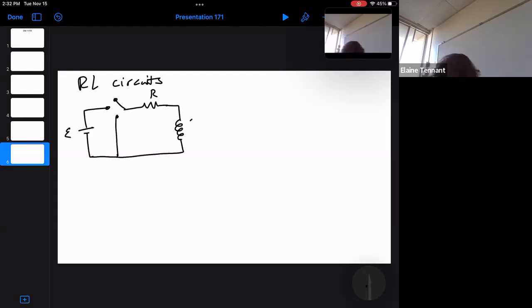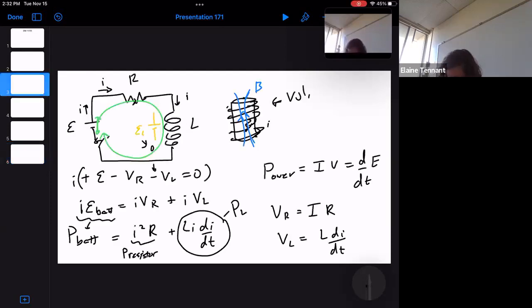Okay, so I have my circuit, and we are going to charge my circuit first, where if you want to charge your circuit, you hook up your switch to A, so your battery is in the circuit. So if you're hooked up to A, you just have the battery, the resistor, and the inductor. And that is what we had earlier, right? Just battery, resistor, inductor. Okay.